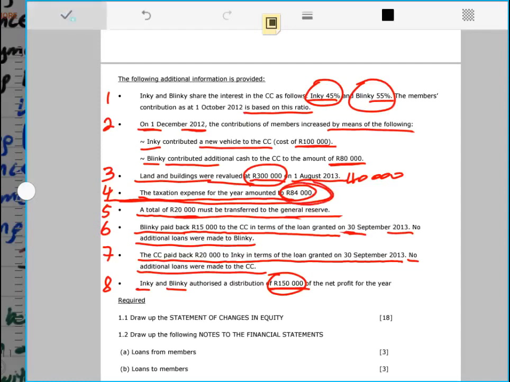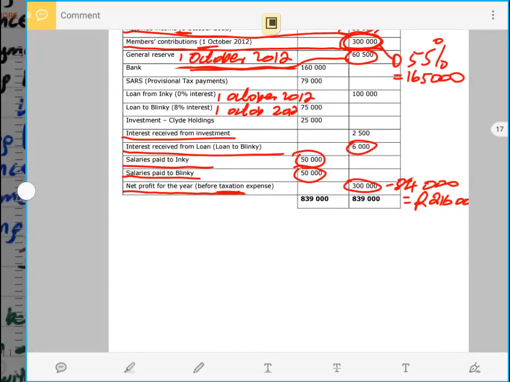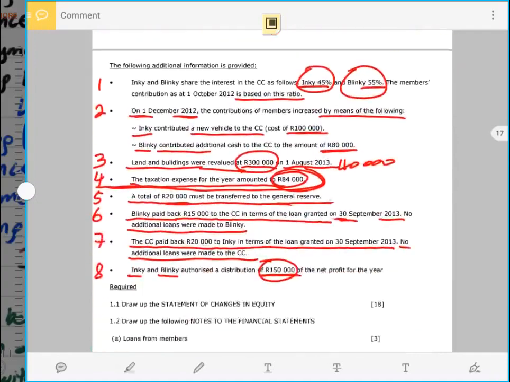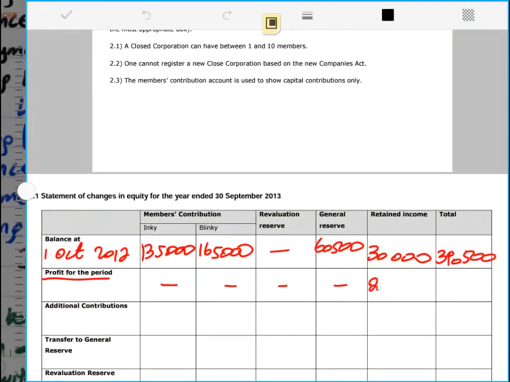So now in the net profit before tax of 300,000 rands, minus 84,000 rands of tax, that gave us 216,000 rands. This is the profit after tax was taken into consideration. So now we record our profit after tax as 216,000 rands, and we also record the same amount under the totals.